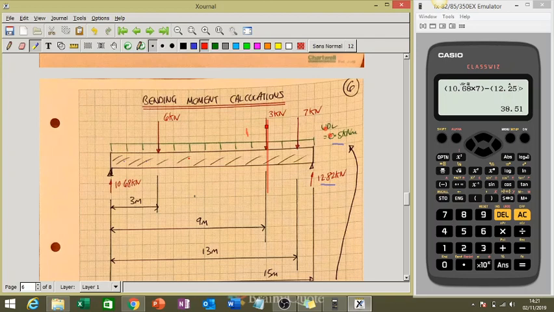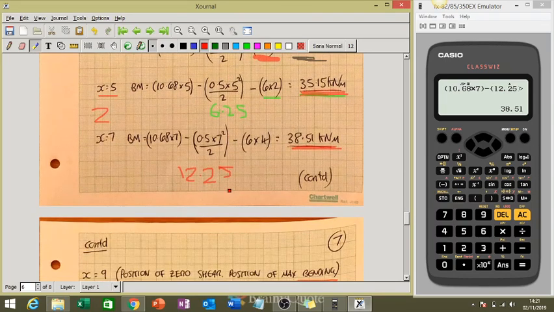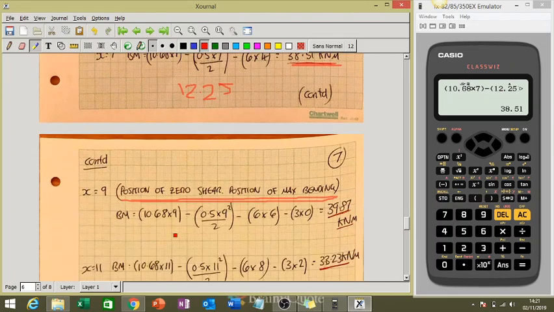That 3 there doesn't really affect it because I'm directly below it, so there's no distance, so it's 0. But hopefully it's going to be our biggest number because it's the position of 0 shear force, which should be our maximum bending. So that's that one, 10.68. That's my UDL. That's my 6. And that's my 3. I've kept it in, but really, because we're below it, there's no moment, so the distance is 0.